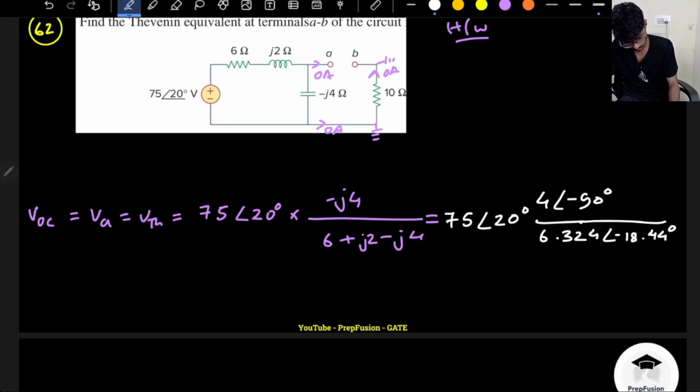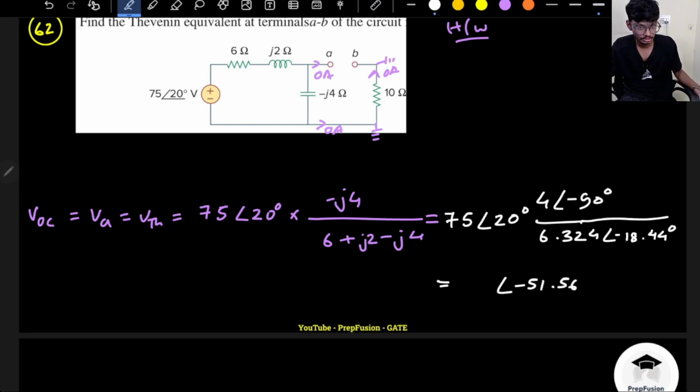So now what will be this value? The angle is minus 90 minus 18.44 plus 20, so the angle will be minus 51.56.